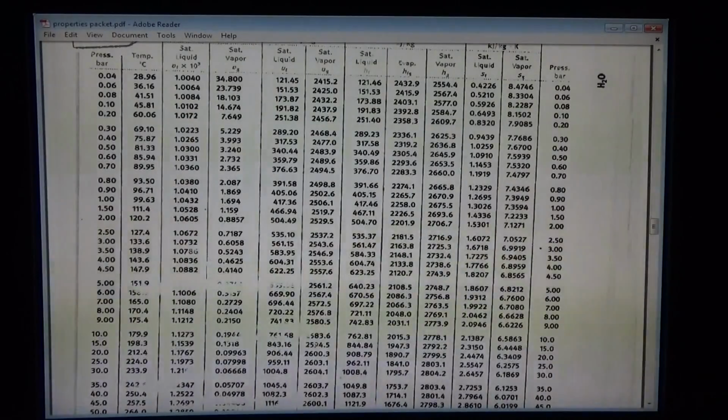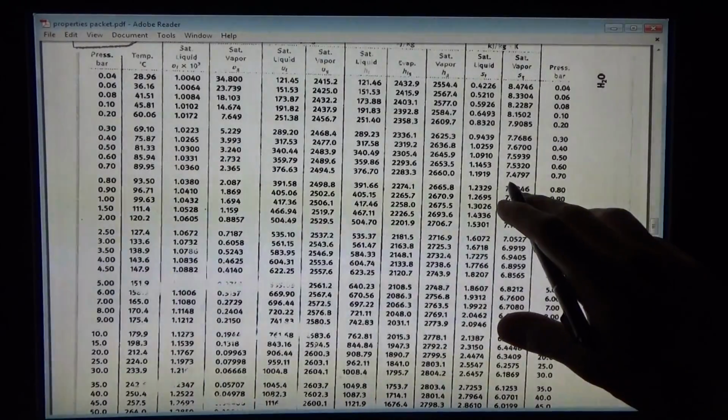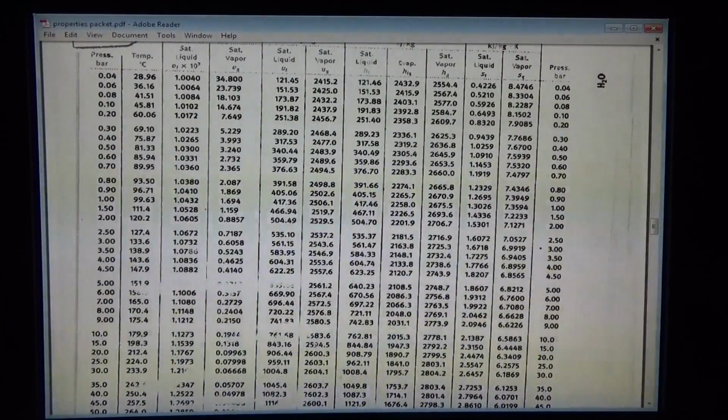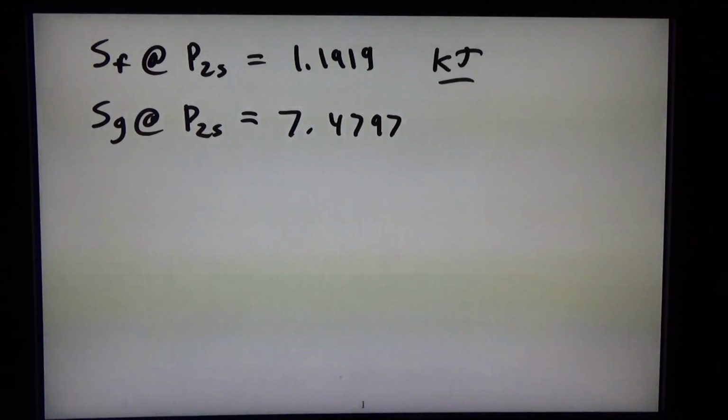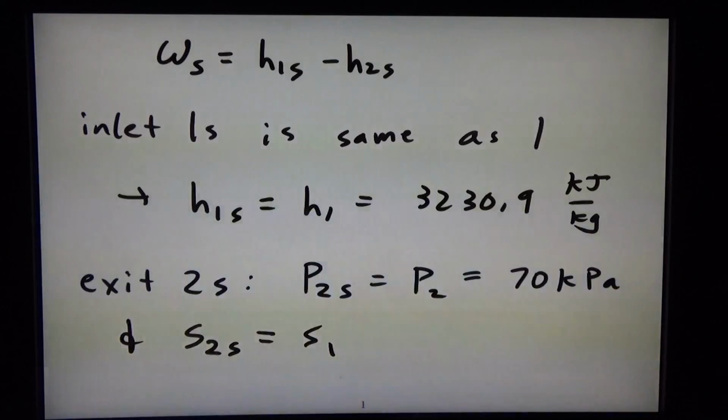S sub G at P2S is 7.4797. Those units for both of these are kilojoule per kilogram Kelvin. And then we need to get S2S. We don't know S2S. We know it's equal to S1, but we need to find S1.